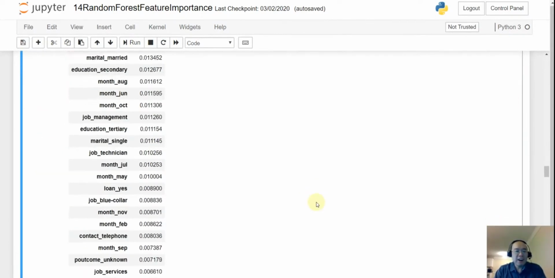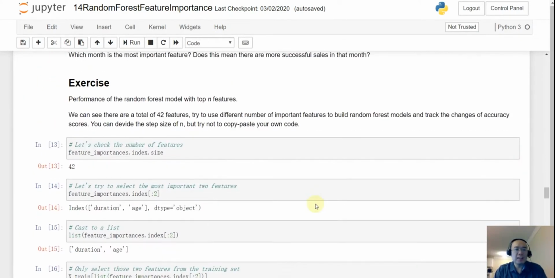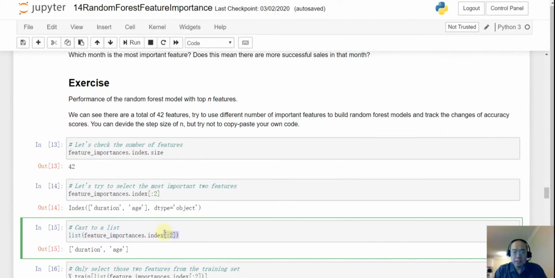Clearly there are some quite important features, and there are some really unimportant features, or you can say they are throwaway features.